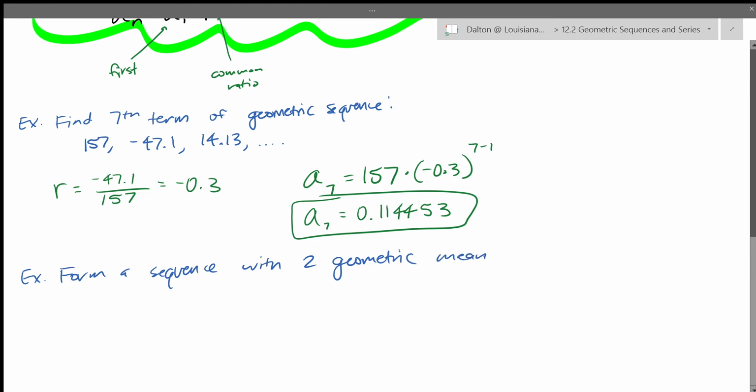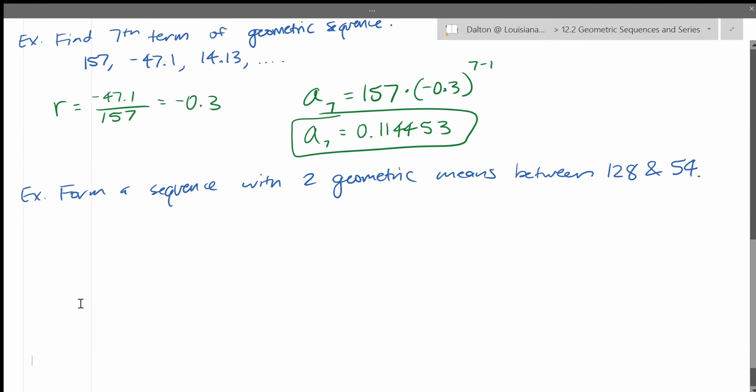And again, geometric is important because that's telling us the type of sequence that we're talking about. Between 128 and 54.